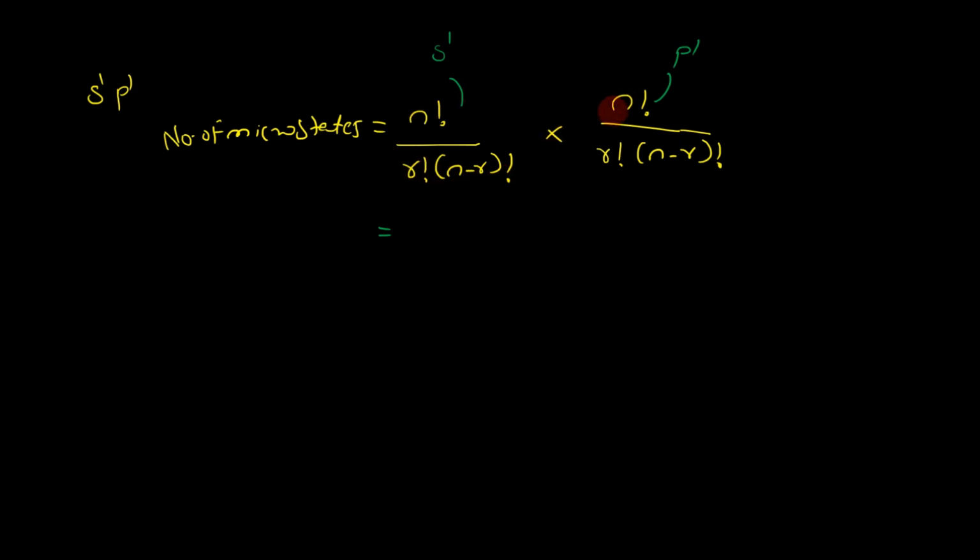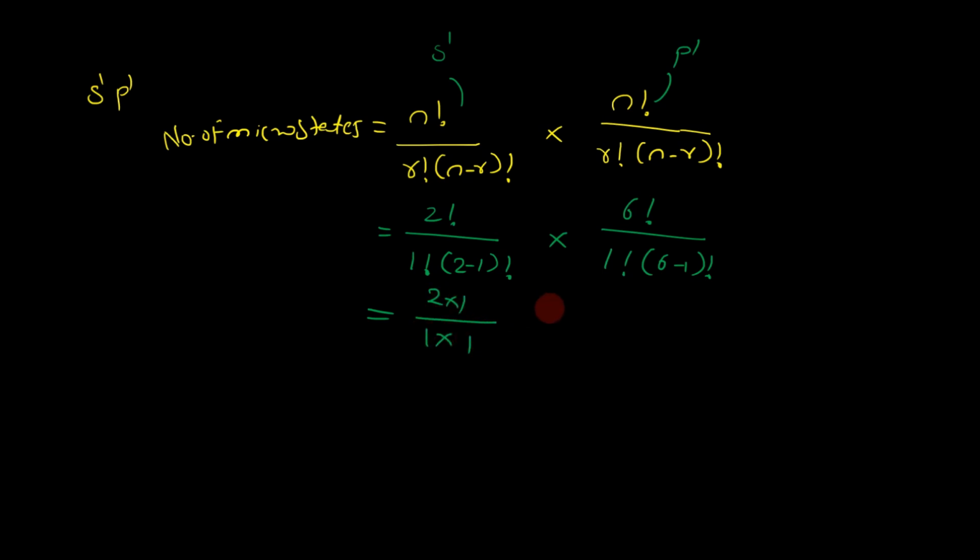So for S1 we calculate 2 factorial upon 1 factorial and 2 minus 1 factorial, multiplied by 6 factorial upon 1 factorial and 6 minus 1 factorial. When we calculate this, we get 2 into 1 divided by 1 into 1, multiplied by 6 into 5 factorial over 1 into 5 factorial.